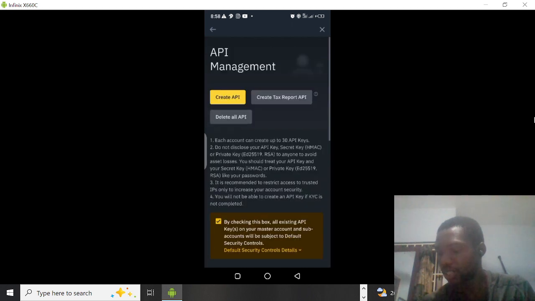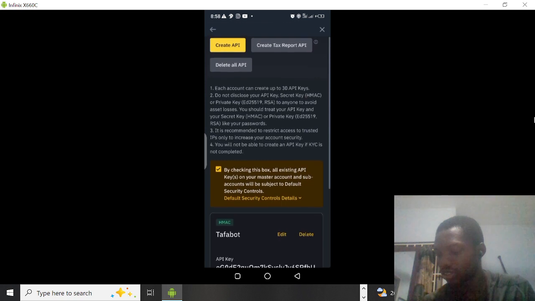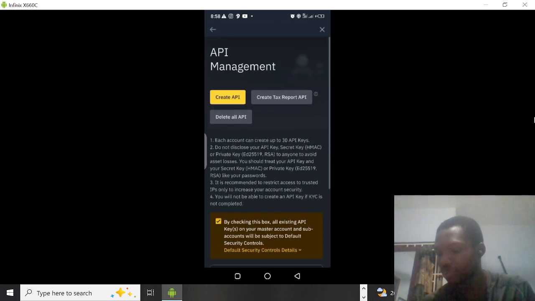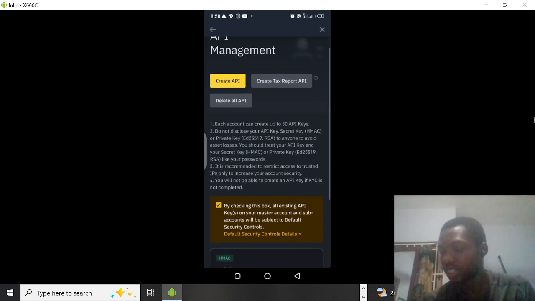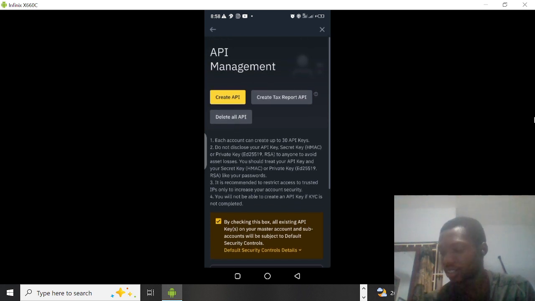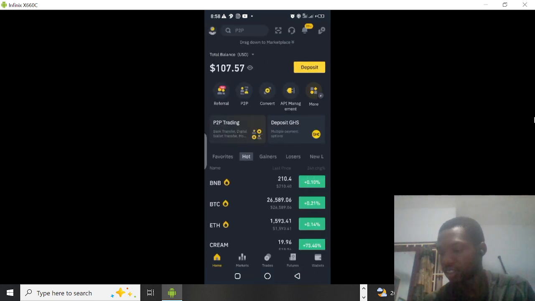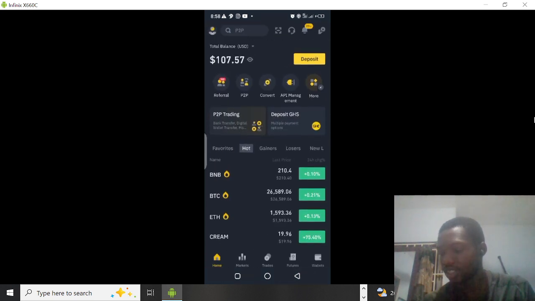I don't want to show my API key, because hackers can take advantage of it. So you create the API, and then you connect your Binance API with Tafabot, and then you start trading, or you copy your bots and then you start trading.